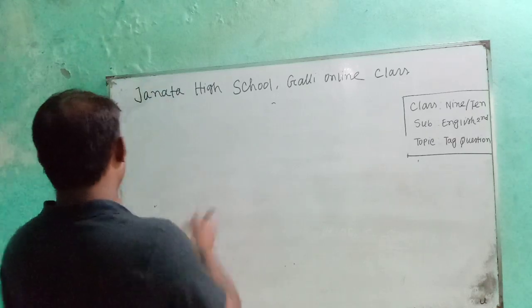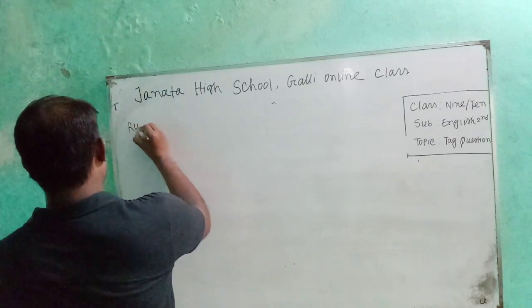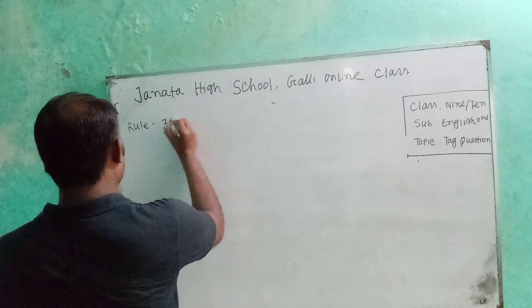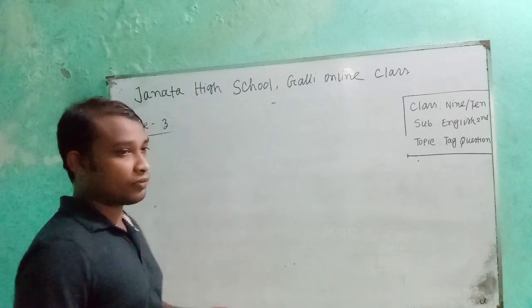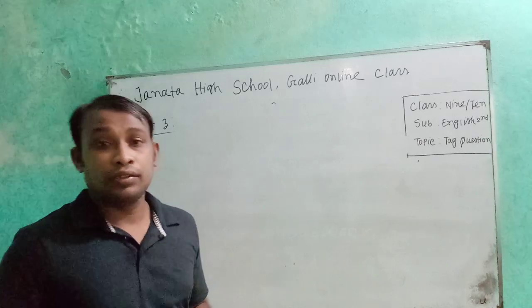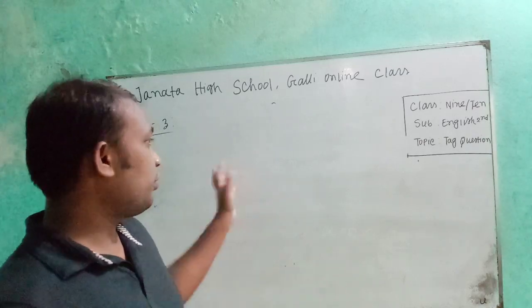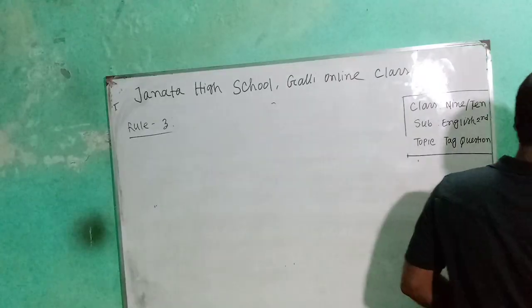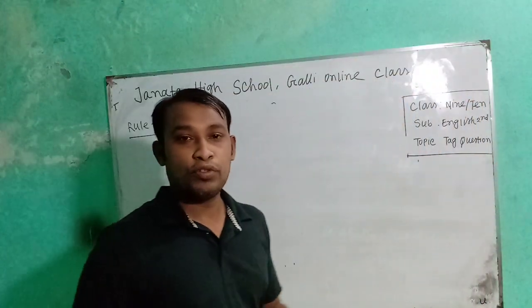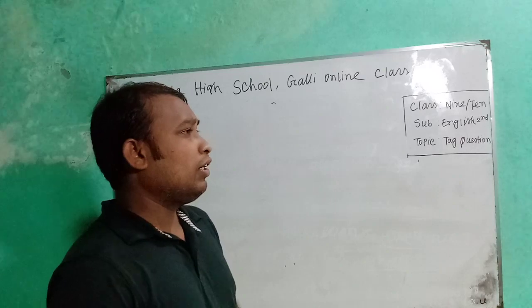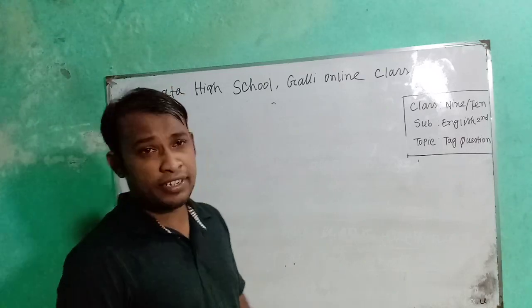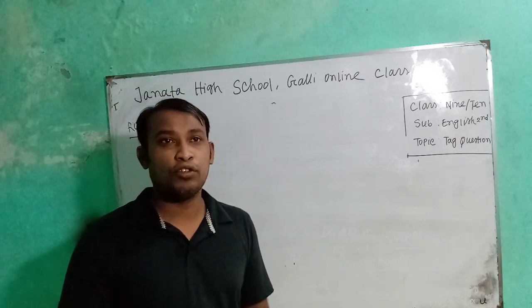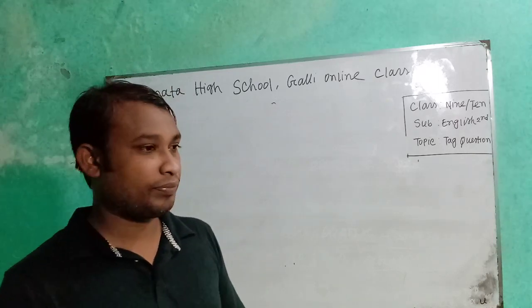Rule 3. We know that we have to use an auxiliary verb. In some sentences, we find that there is no auxiliary verb in the sentence.